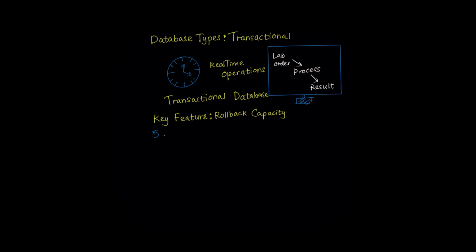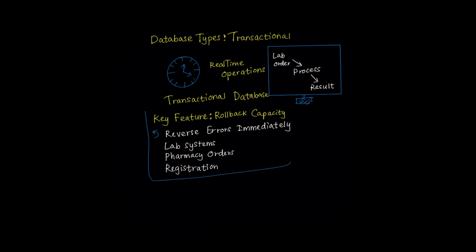Imagine a lab technician enters a critical lab result incorrectly and realizes the mistake immediately. The transactional database can roll back that entry and correct it without leaving a permanent error in the system. This real-time processing with error correction capability is essential for operational systems like laboratory information systems, pharmacy order entry, and registration systems. Data warehouses are completely different.